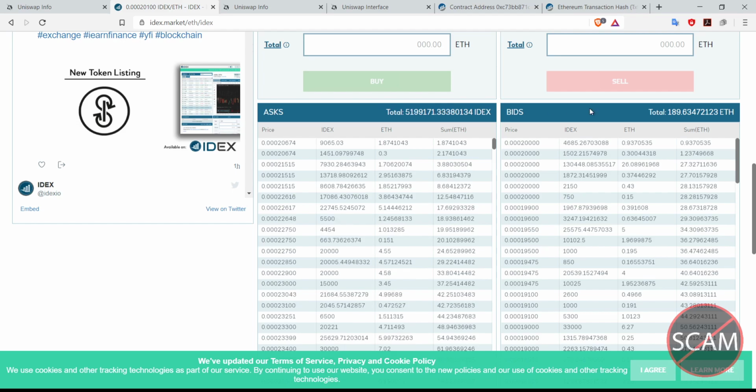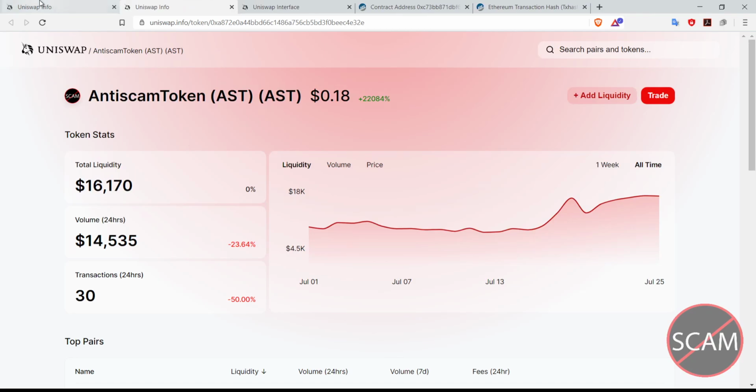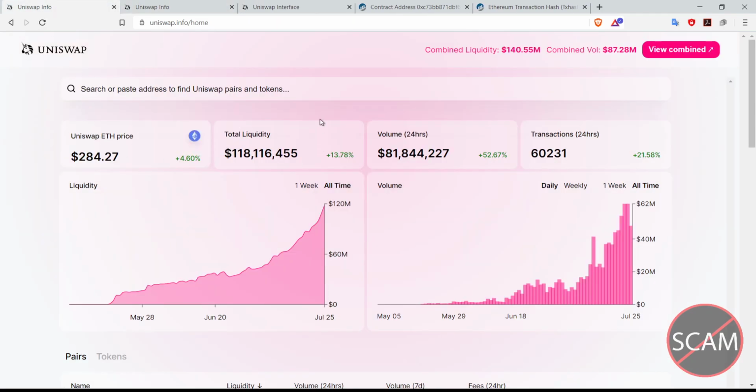And so you can see they have, for this pair, 189 ETH and 5.2 million RDX. And there's also another way to examine it, and that's to compare the bid-ask spread. But for our purposes, we'll be taking a look at liquidity on Uniswap, which actually is a little bit different.